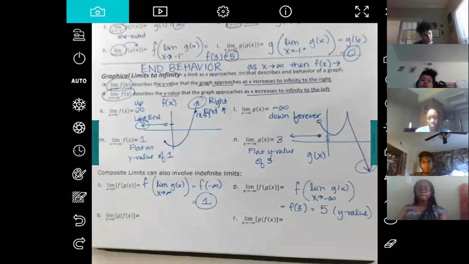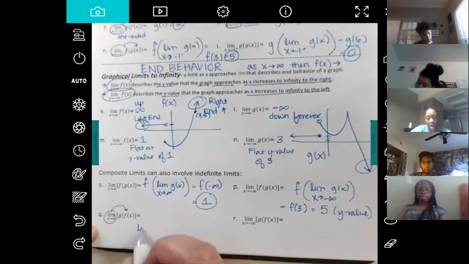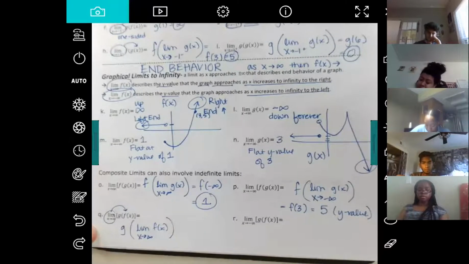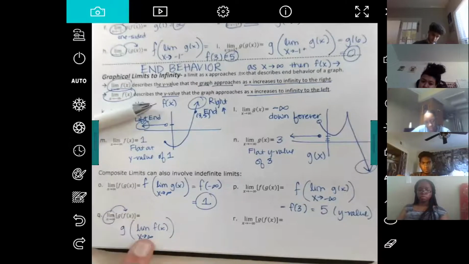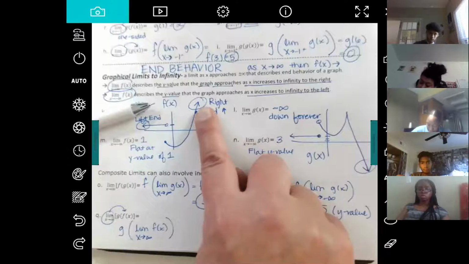So I'm going to take my limit and apply it to the center. So I'm doing the limit as x approaches infinity of f of x, and then I'm going to plug that into g. Now remember, pretend the g's not here and pretend we didn't just do this problem 2 seconds ago. You're looking at the graph of f. I see x going to infinity. That tells me I'm looking at the end behavior on the right side. My right end is pointed up. That means that this is infinity.